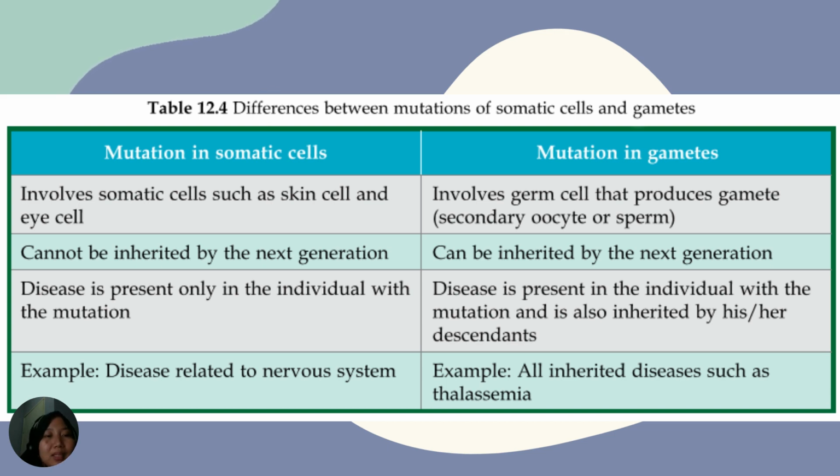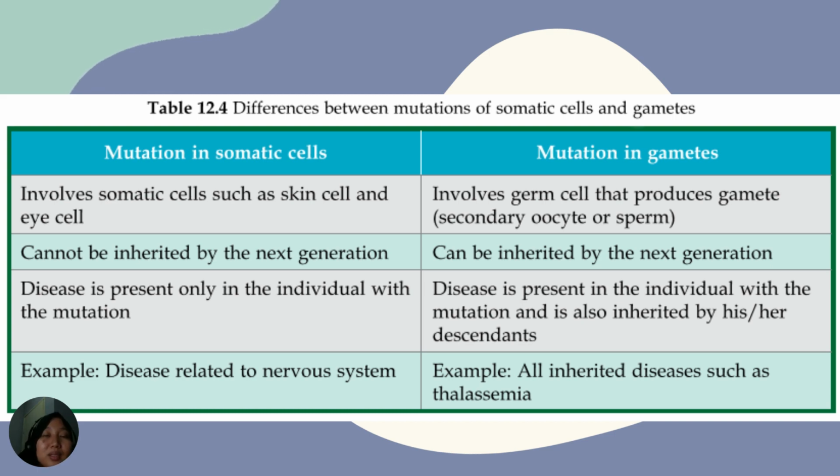All right. And for mutation in somatic cells, the disease is present only in the individual with the mutation. But when mutation happens in gametes, as we know earlier, it can be inherited and passed down to the next generations, meaning the disease caused by this mutation can be present in that individual and can also be passed down to the descendants. All right.